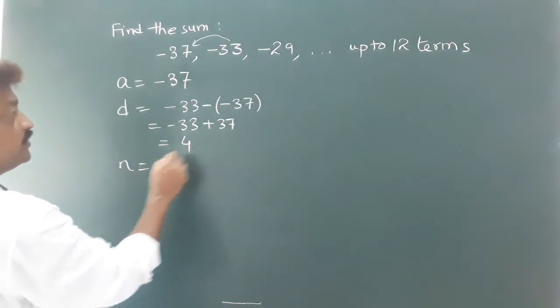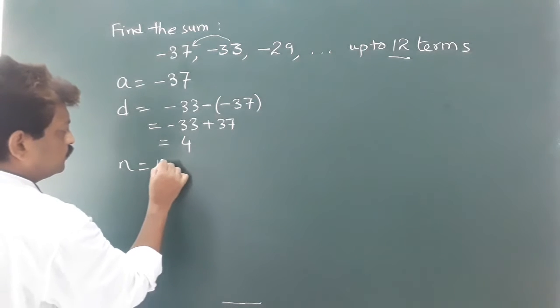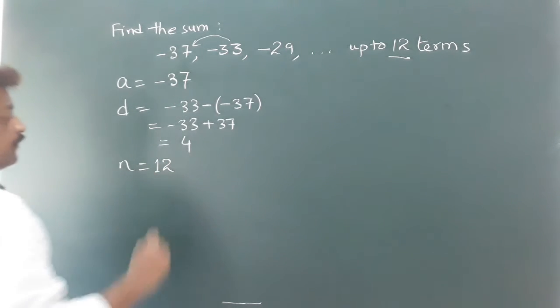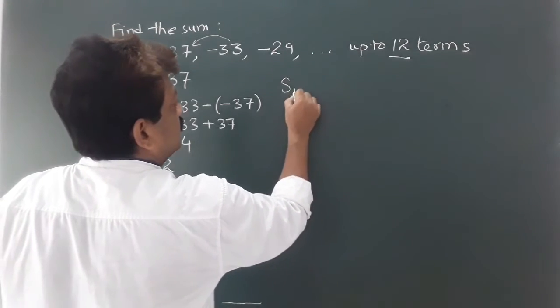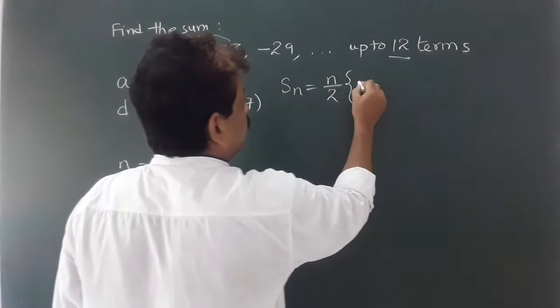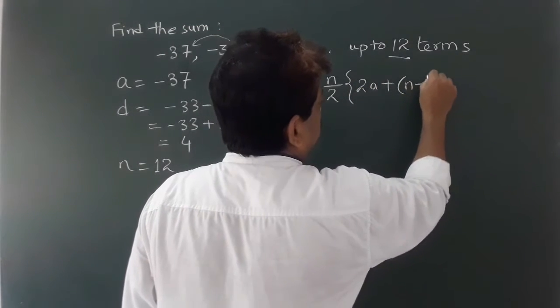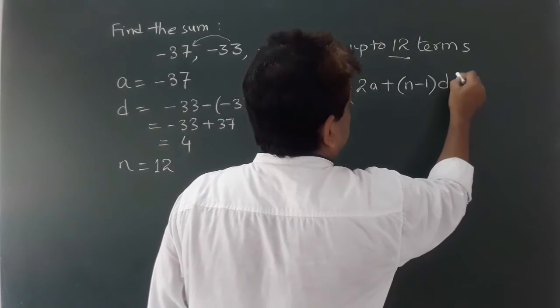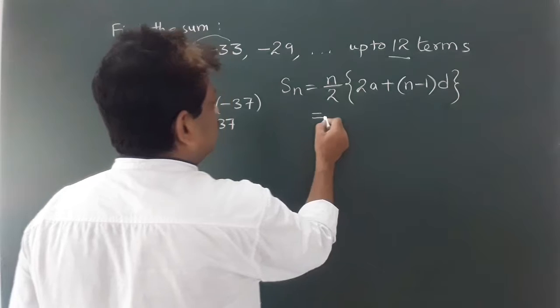The number of terms is 12, since it is given up to 12 terms. Now we have to find the sum. Sn equals n upon 2 times (2a plus (n minus 1) multiplied with d). This is the formula.